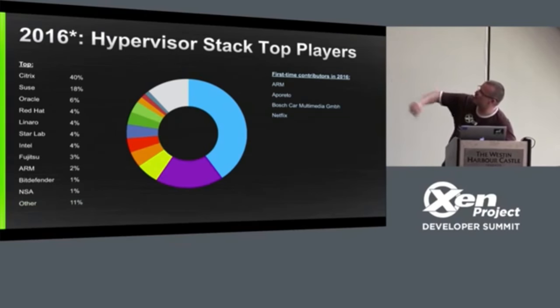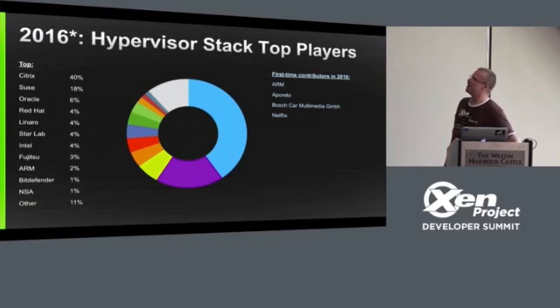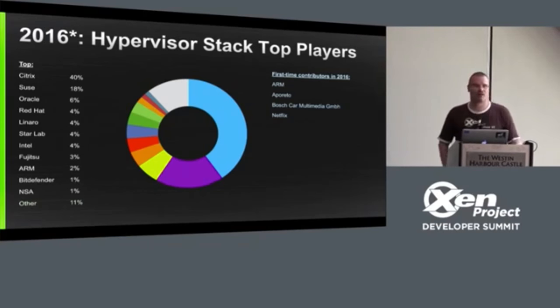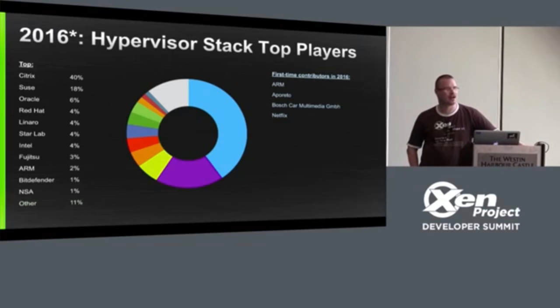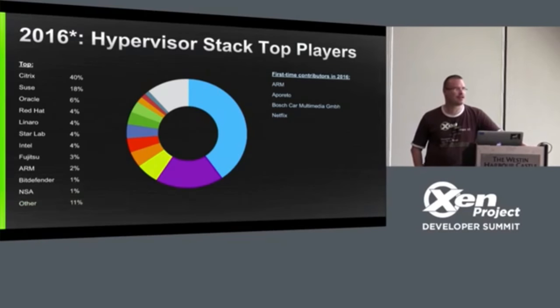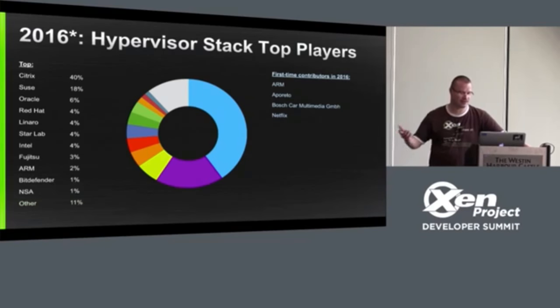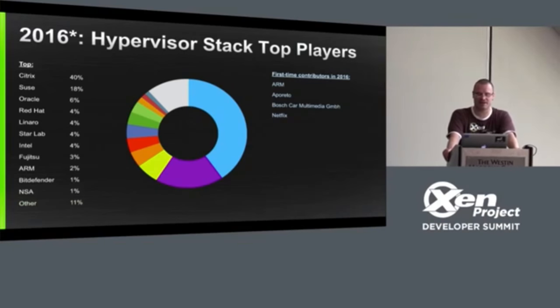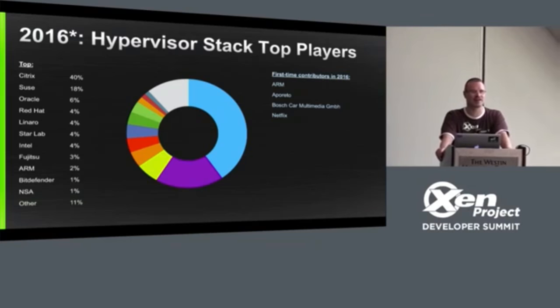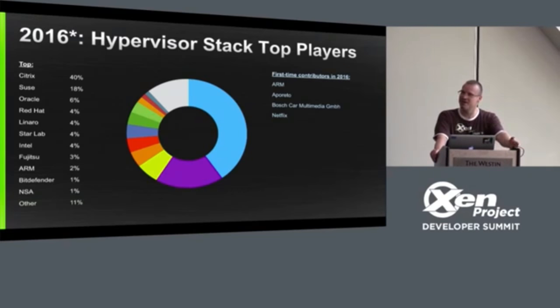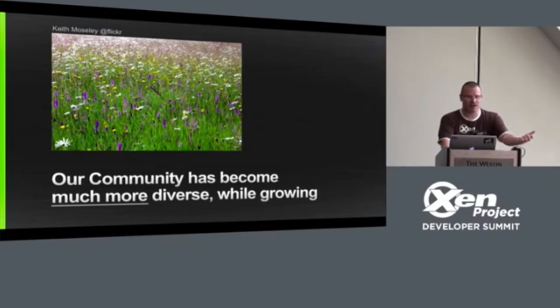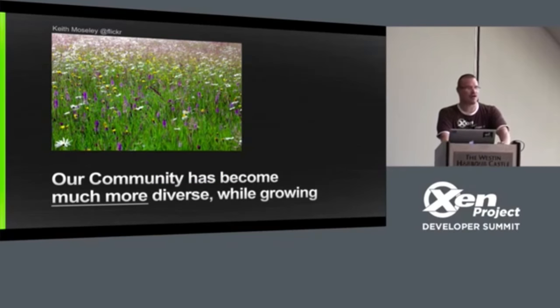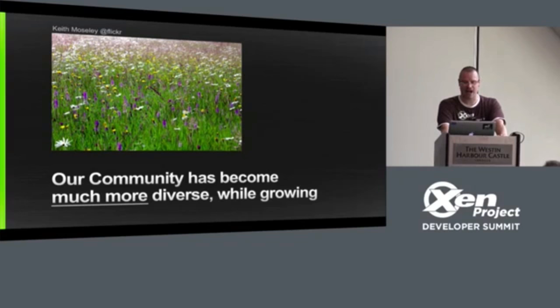And there's a number of really interesting newcomers there as well, like ARM, Aporeto. Aporeto is a new startup where Stefano Stabellini works. As I said, Stefano unfortunately can't make it. We had contributions from Bosch and Netflix as well, which is really quite interesting. So as a community, while we've been growing, we've been becoming more diverse. And that's really, really good.